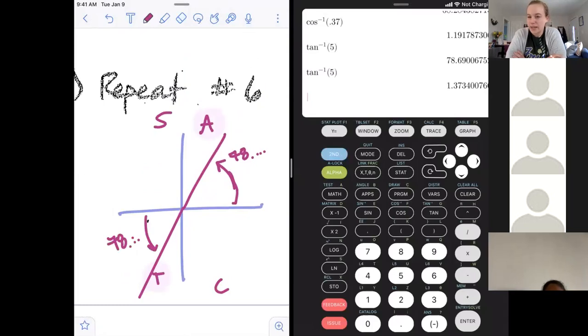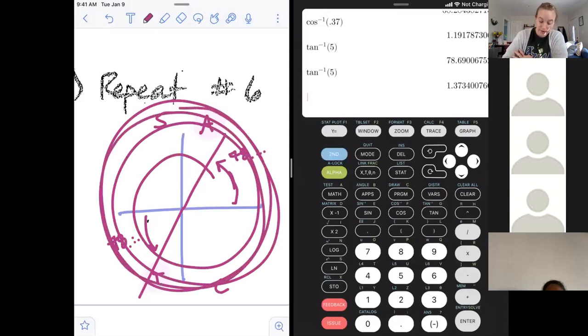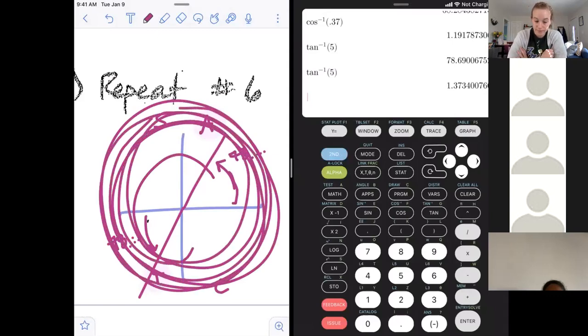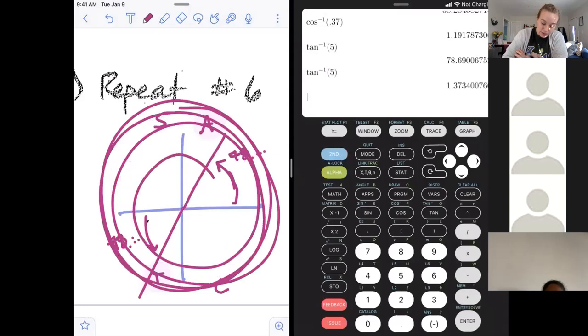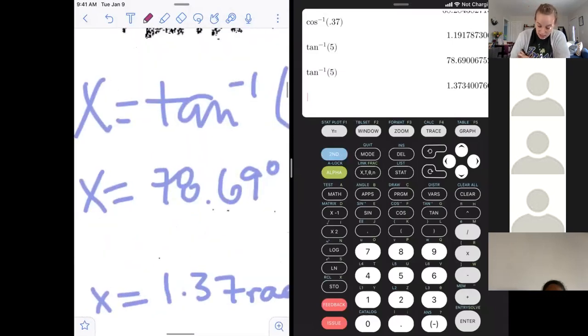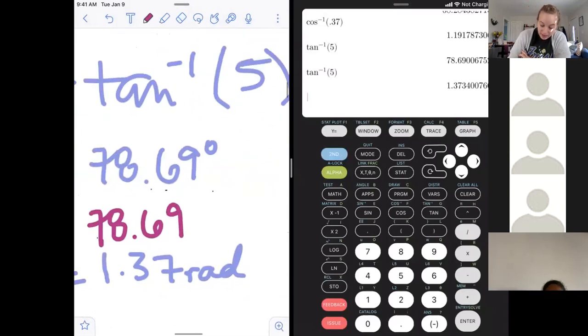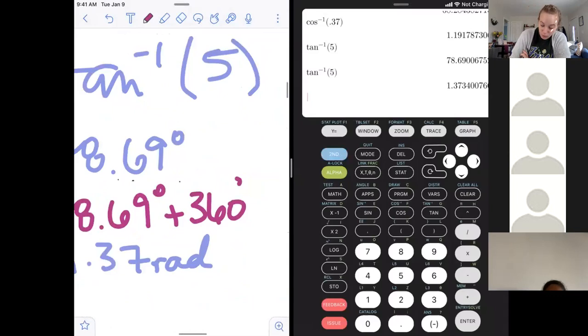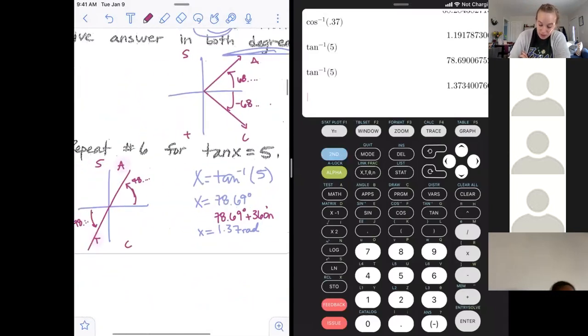Now let's think about how we can replicate that. I'm going to do the normal 78.69 plus 360, and it goes around and around forever. Now I'm not going to do plus or minus 78.69, because then that would be in the fourth quadrant, and I don't want that. I only want it in the first and the third.